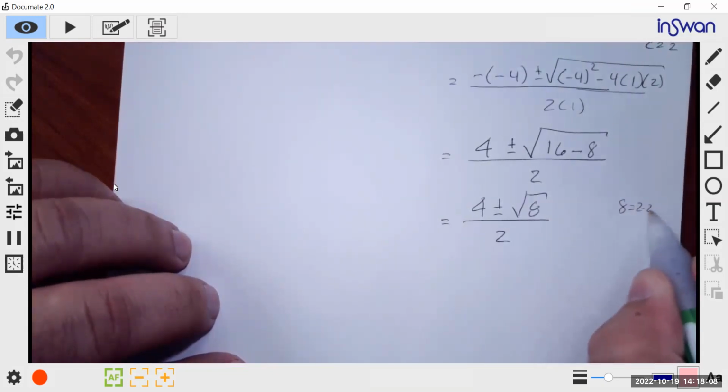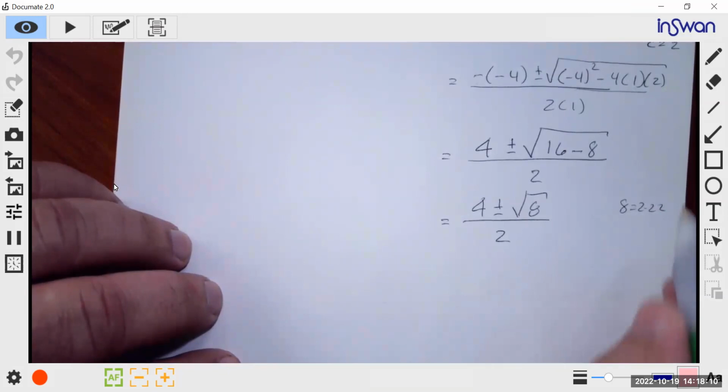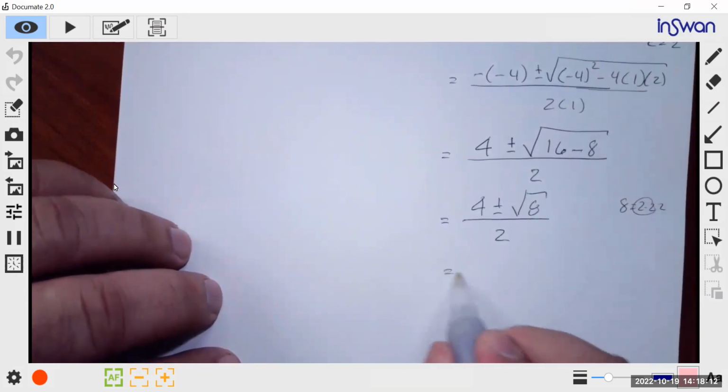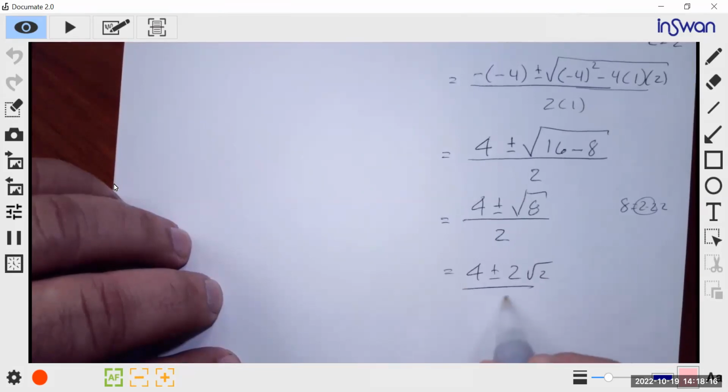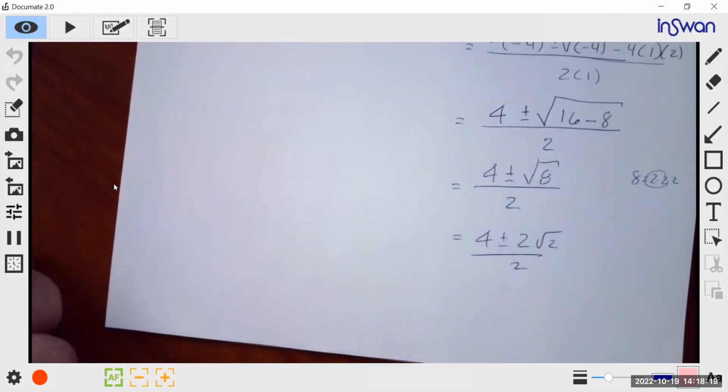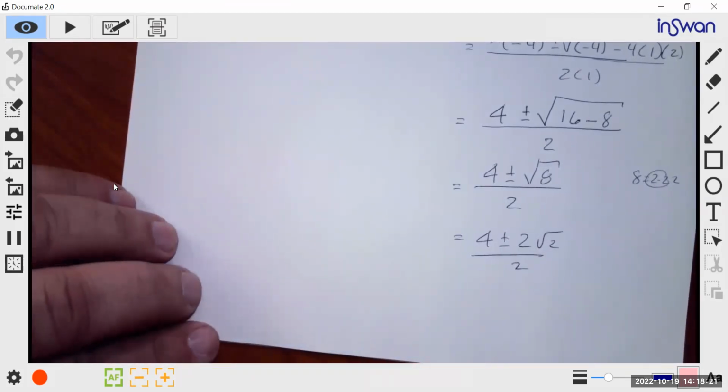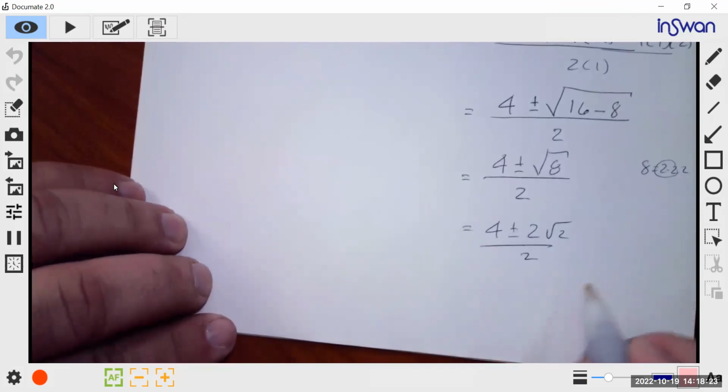Eight is 2 times 2 times 2. So there's a pair of 2's. 2 square root of 2. To factor out a 2 on the top.